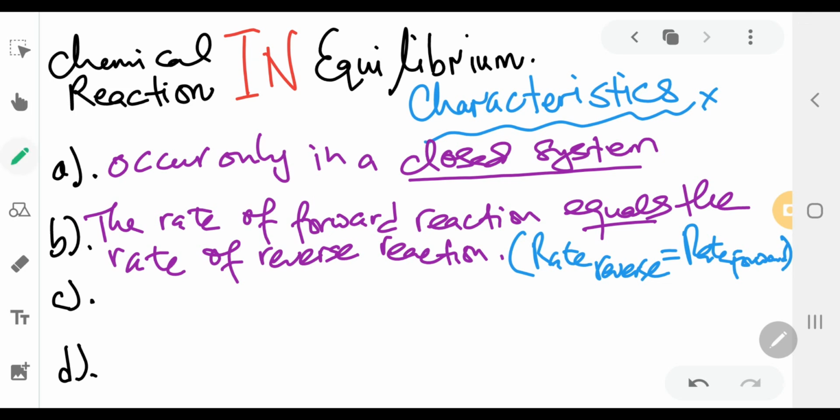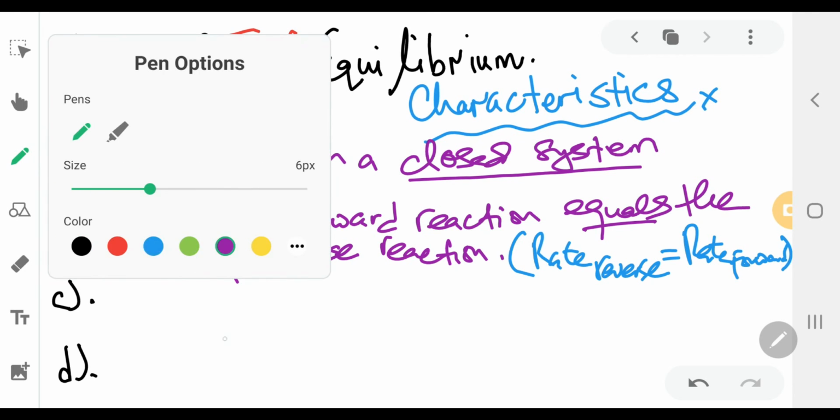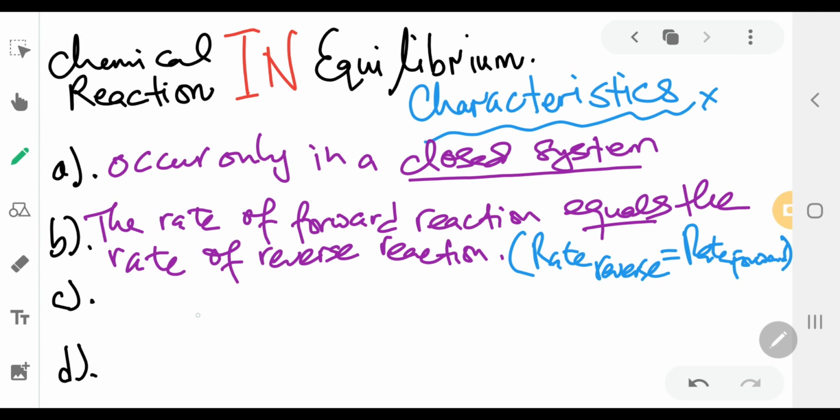Okay, and then the third one, if you're able to remember more, which is going to be better.